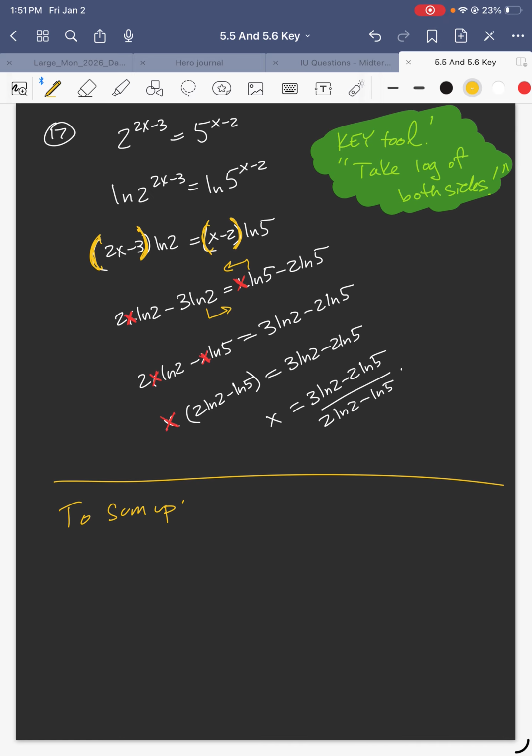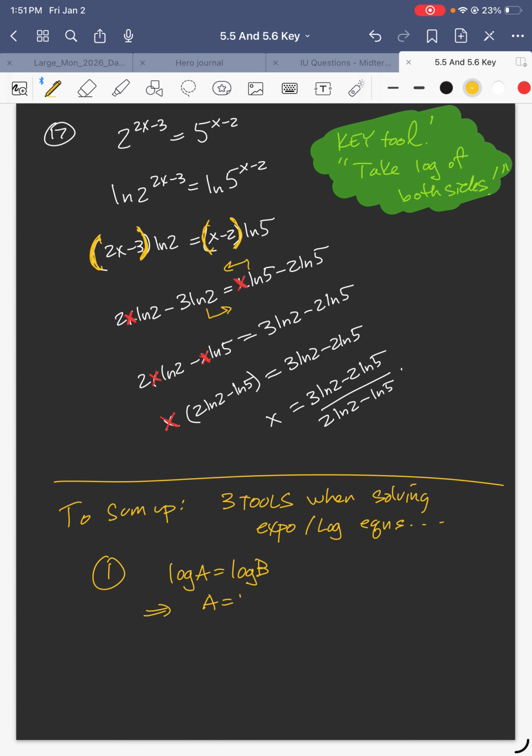To sum up, three tools when solving exponential and log equations. Number one, if you have the log of A equal to the log of B, then that means that A is equal to B because log is one-to-one.